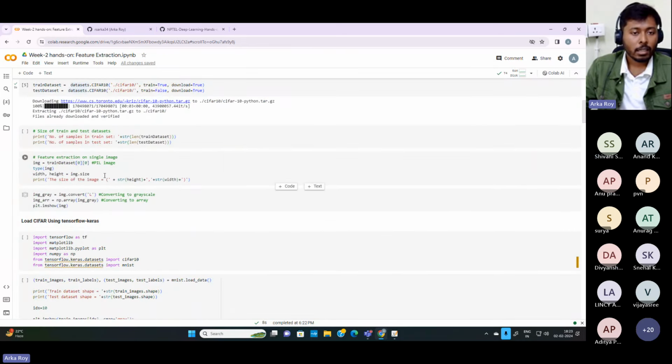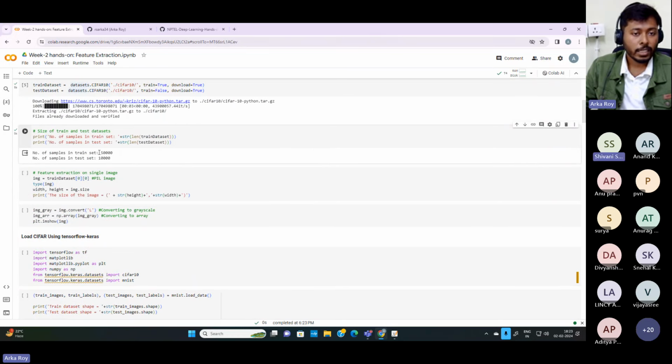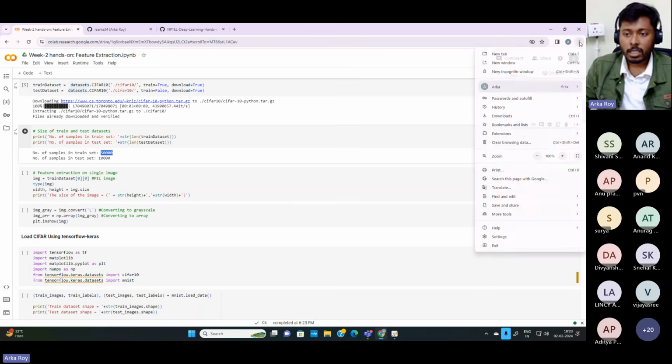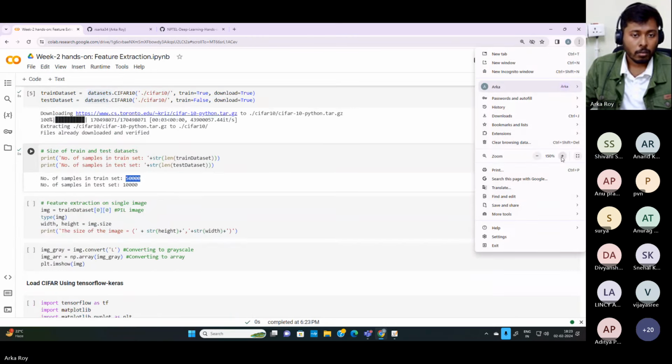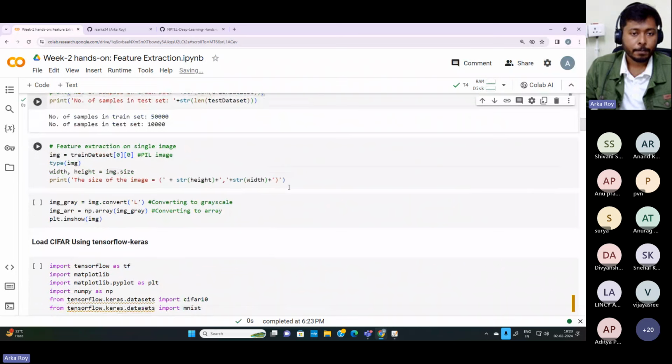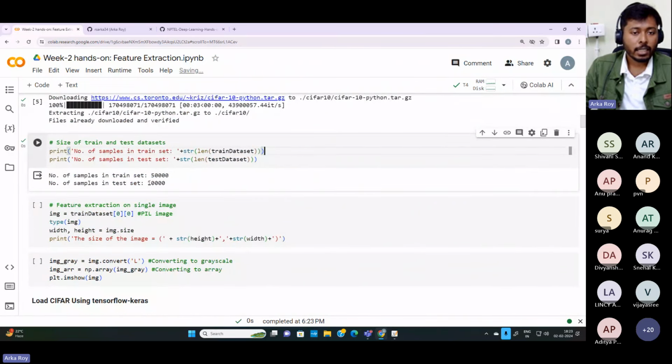So likewise, let me check the length of the dataset. We can see that in case of the training dataset, we have a total of 50,000 such examples. And in case of testing, we can see that there are a total of 10,000 such images.